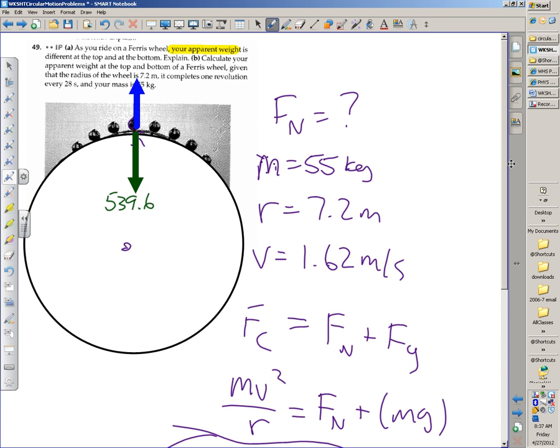The answer is yes, it could. At that point, what would the normal force become? If we're relying on gravity and gravity only, the normal force would become zero. And you would be weightless, not because there's no gravity acting on you, but because there would be no normal force acting on you.